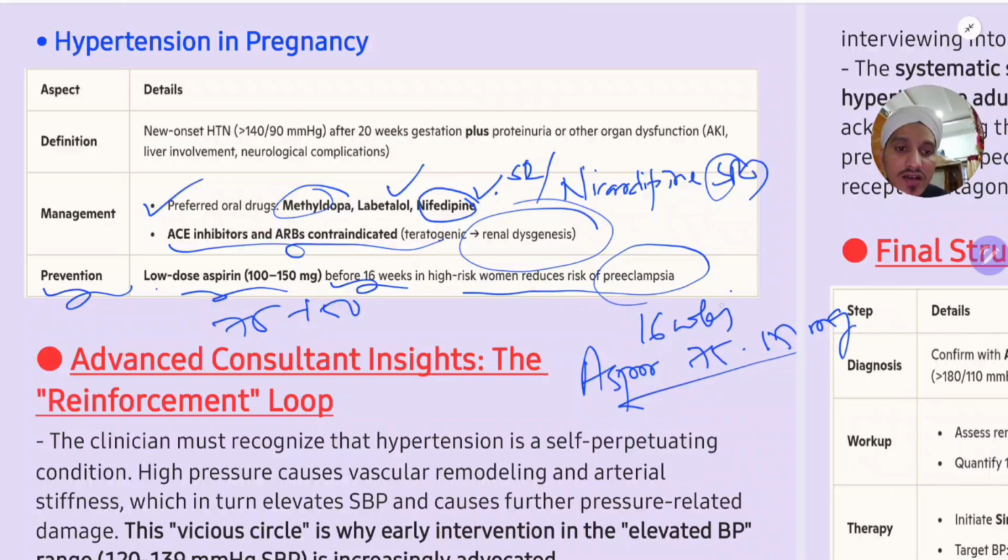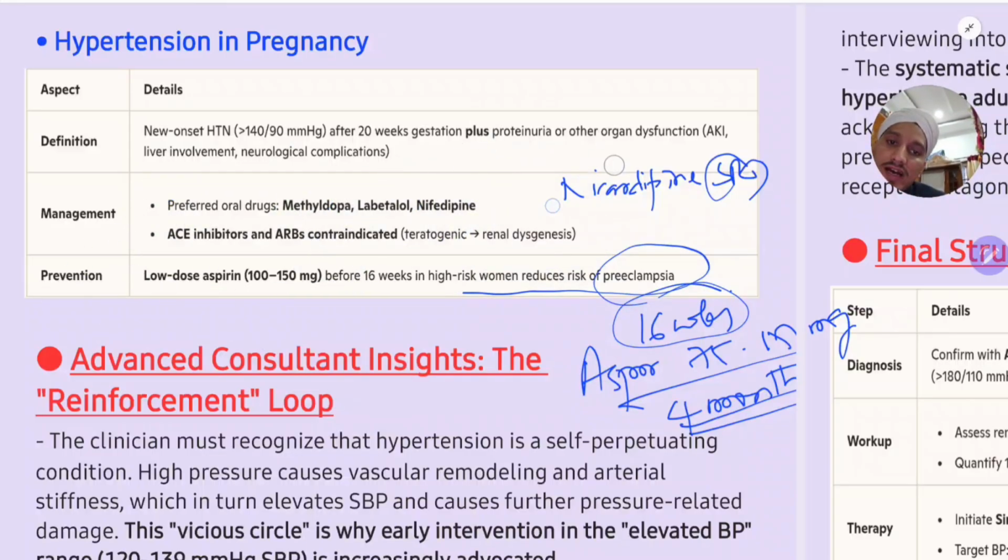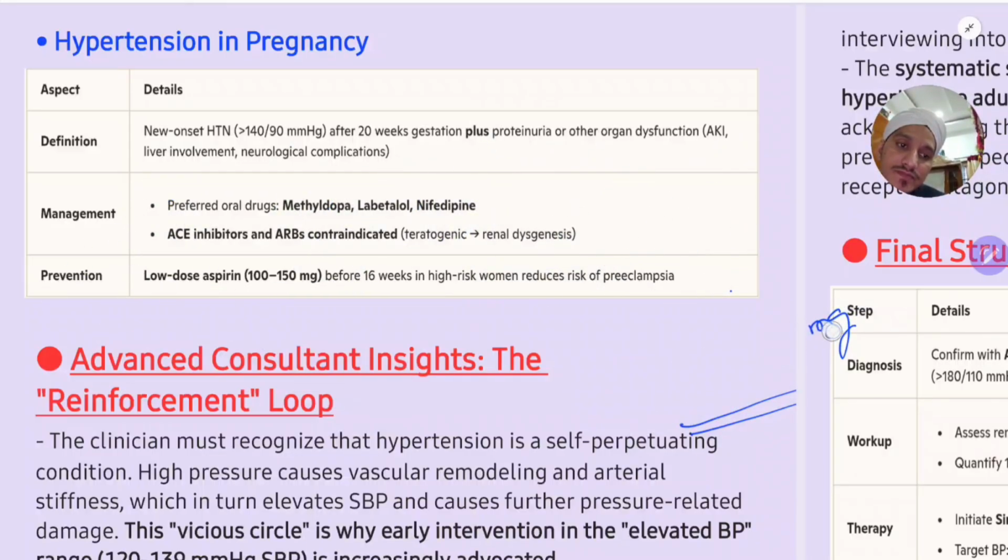Till what month? Till 4 months you should give that aspirin. That reduces the risk of eclampsia in these patients. Okay, that's all about hypertension in pregnancy.